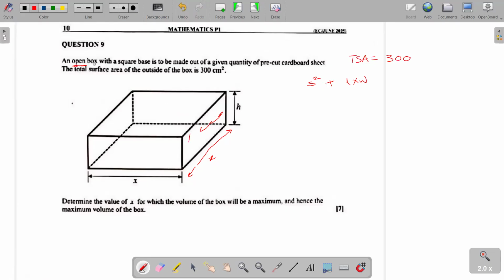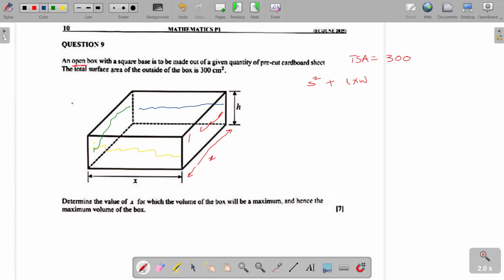We have 4 sides which are x multiplied by h: this side here, this other side here, this other side here, and this last side here. So we have 4 sides which are length by width, the length being x and the width being that height.